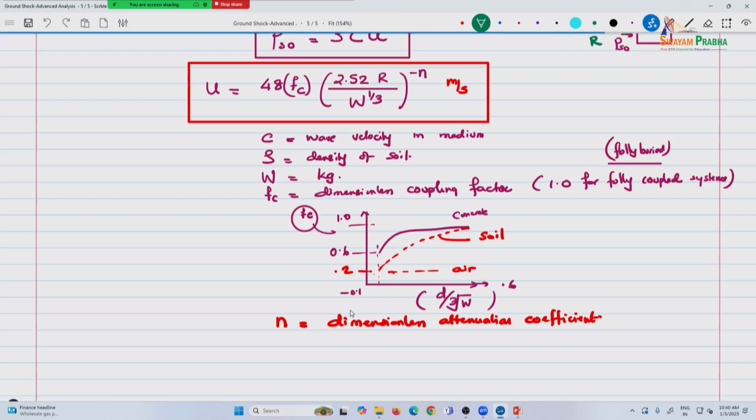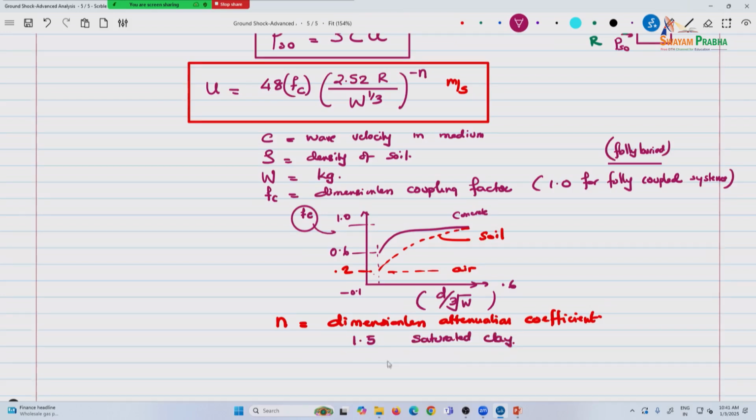It was a little ahead in my notes, but N is 1.5 for saturated clay, varying up to 3.25 for very loose sand.